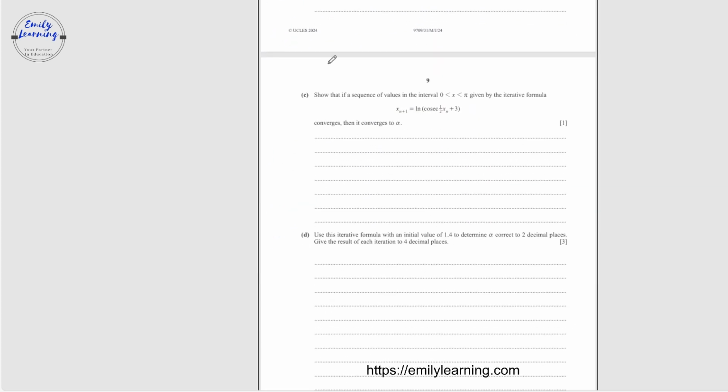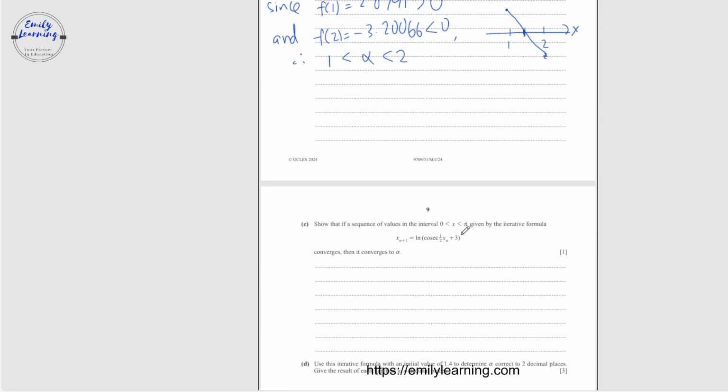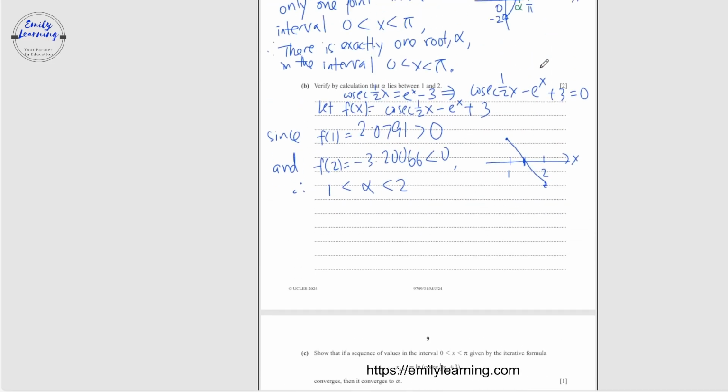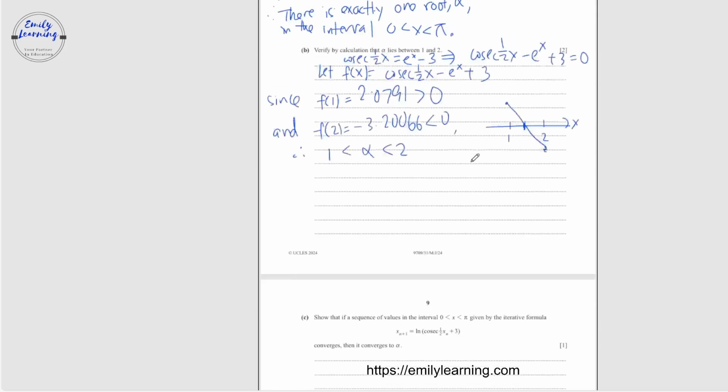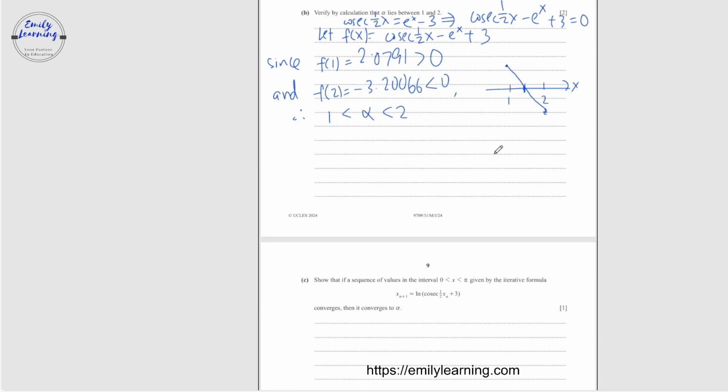Moving on to part C, show that if a sequence of values in the interval x between 0 and pi given by this iterative formula converges, then it converges to alpha. So we know that if it converges, we are solving for x equals, basically it is trying to tell you, show that this is the same as this.